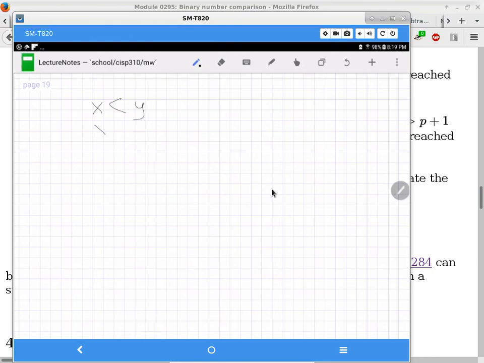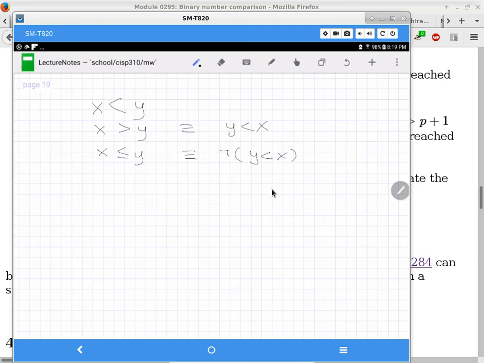If you want to check whether x is greater than y, that's easy. Flip the order, right? It's not a big deal. What about less than or equal to? It is the negation of y is less than x, right?